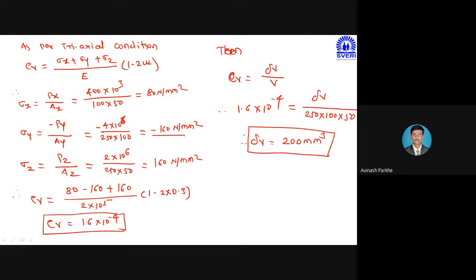Okay, please check your answers. Delta V is equal to 200 mm cube. Have you calculated?